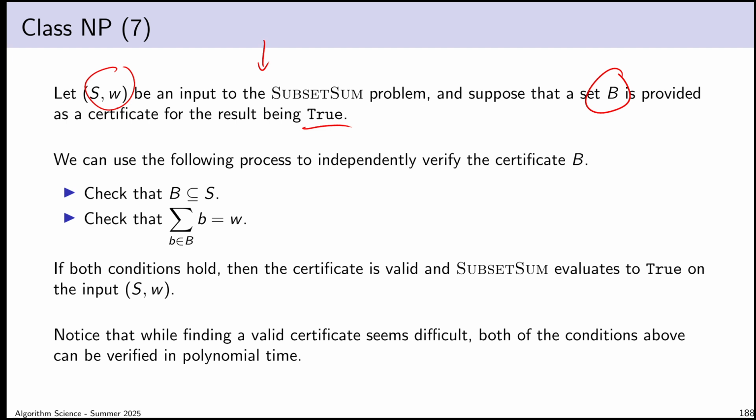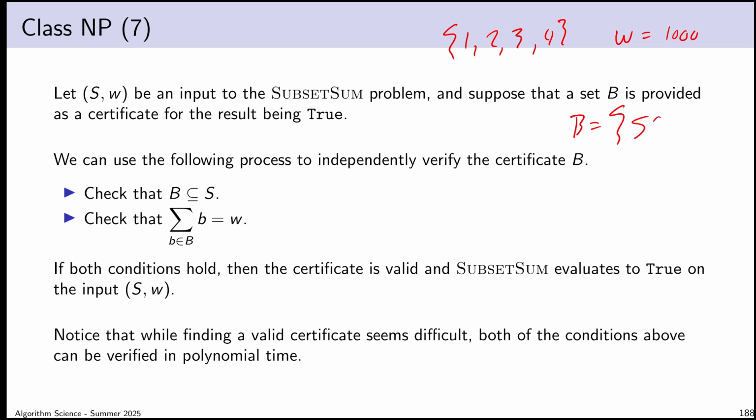If I'm independently verifying your work, I should check everything, because maybe you've given me a completely erroneous subset B. So for example, if I say, is there a subset of this 1, 2, 3, 4 with W equal to 1000? And maybe you hand me this certificate here, 600 and 400. This subset does add up to 1000, but of course this is not a valid certificate because it's not a subset of the set that I started with.